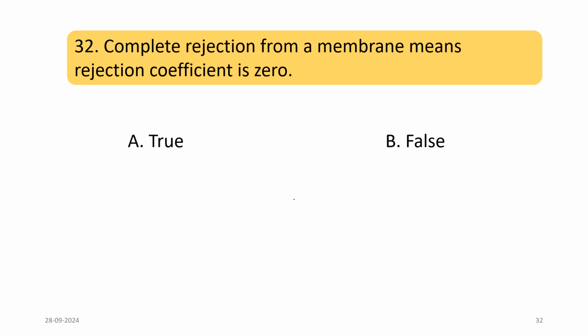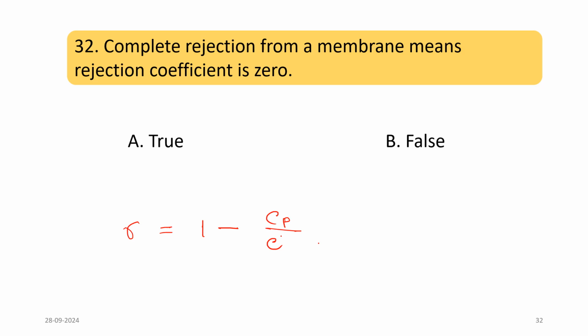Complete rejection means Cp is 0, so no permeate is there. Nothing can pass through our membrane, and everything goes into the rejection. Cp being 0 brings us to σ = 1.